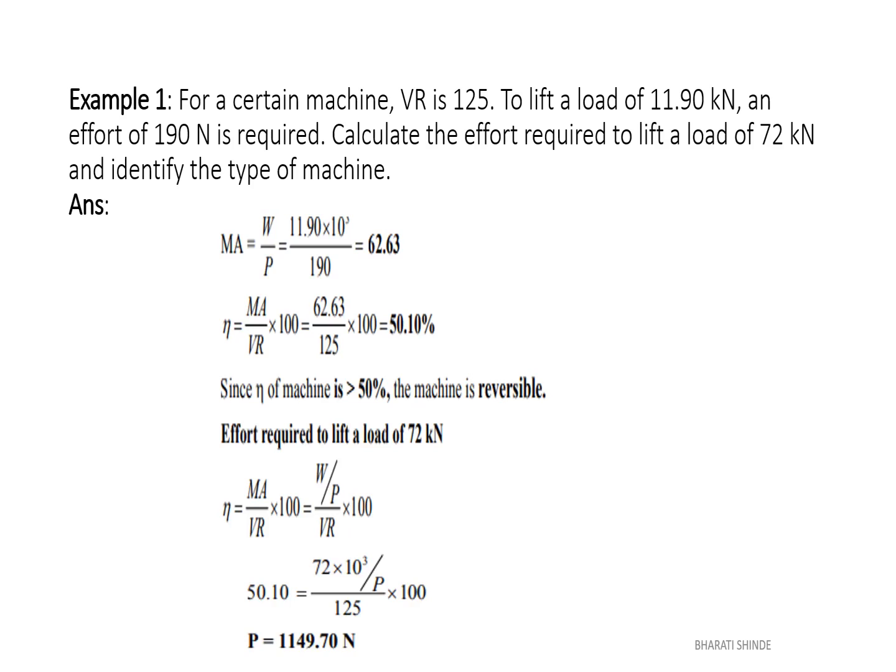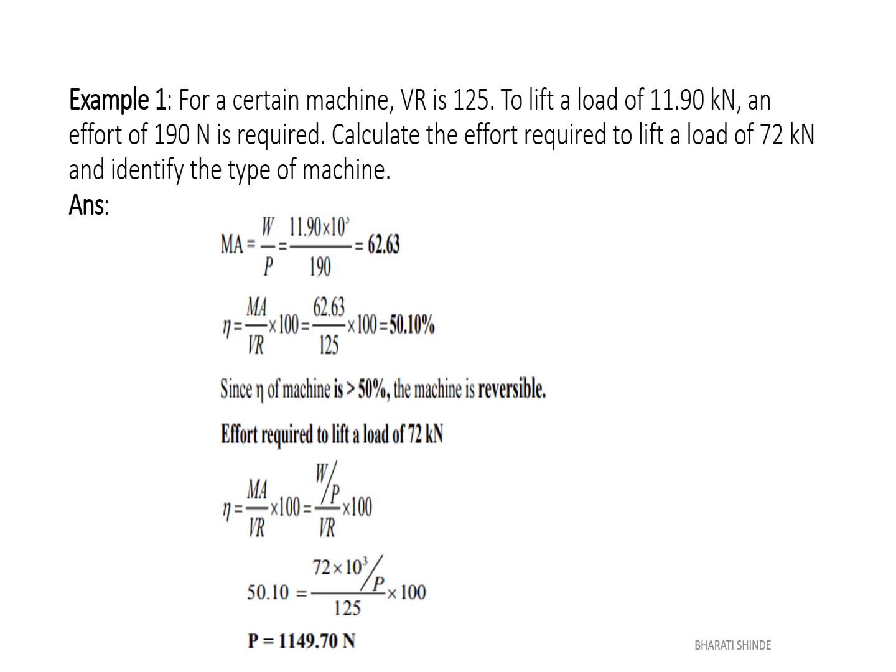Then we have to find effort required to lift a load of 72 kN. For this, as we know efficiency, we can find P by putting this formula MA upon VR into 100.